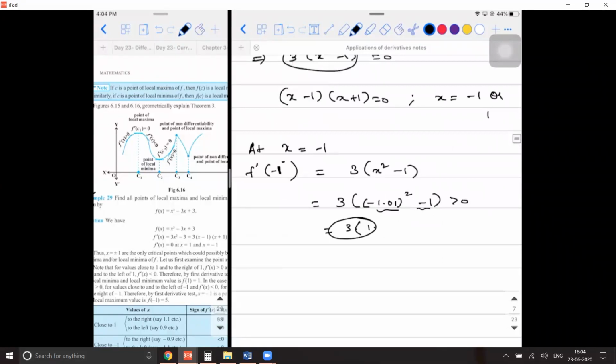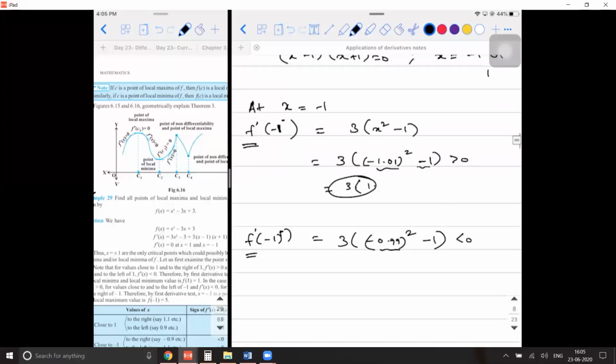So what can I say for f'(−1⁺)? Can I take minus 0.99? So (−0.99)² − 1. This value itself is less than 1, and the square of it will definitely be less than 1, so this value will be negative. According to the condition, if f'(x) is changing from positive to negative, what point is that?